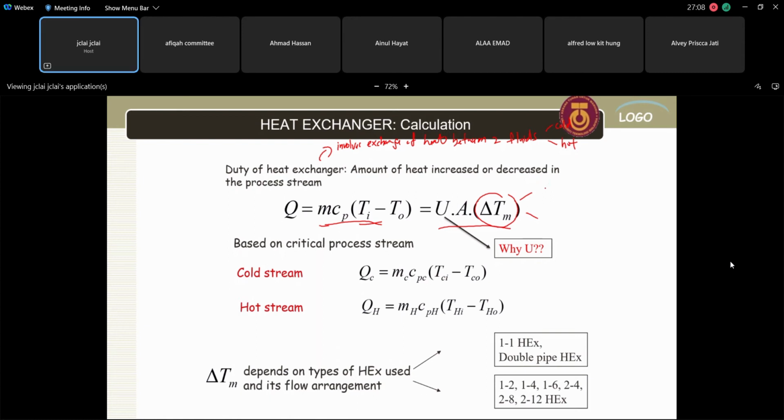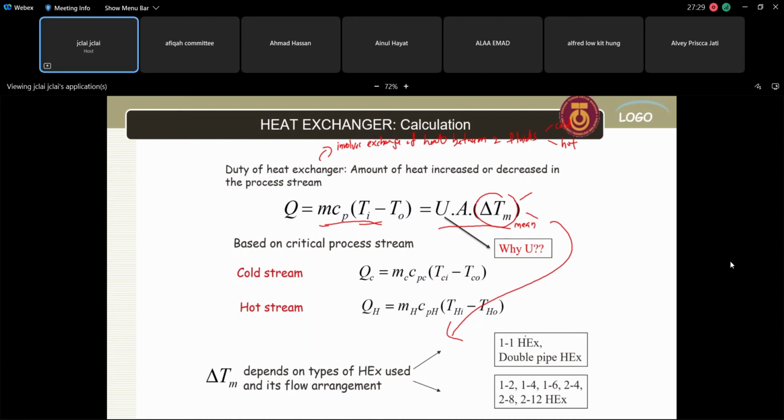It depends on types of heat exchanger, right? As you can see here, types of heat exchanger affect the delta T_m. M here means mean.